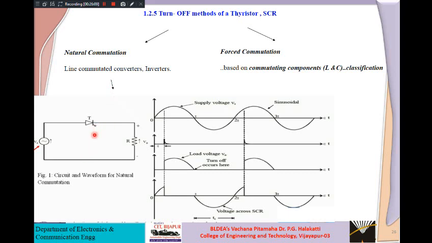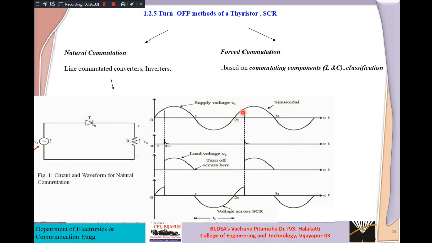In order to understand natural commutation, listen guys, whatever I am discussing is important, and is rarely available in the textbook or notes. It is also known as line commutation because we are using the line voltage, the main supply voltage. It consists of a very simple circuit, a simple thyristor with a load R. This is the supply voltage, AC voltage.